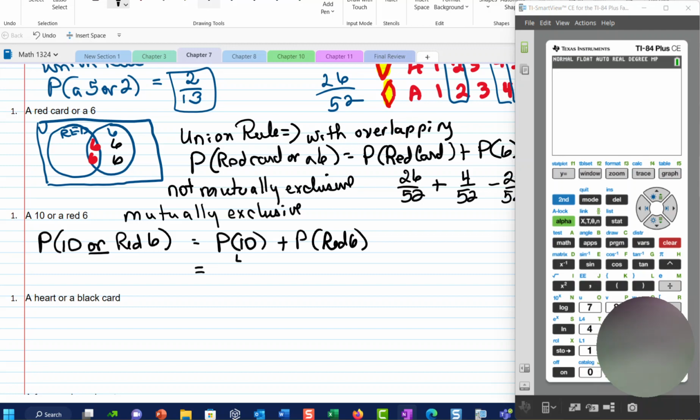A 10 is 4 out of that 52. Reds are 2, the heart and the diamond 6. So that's 2 out of the 52. 6 out of the 52. Now, we can divide by 2, and I'm going to get 3 out of, and I'm dividing by 2 only, 26. So we have 3 out of 26 times that we do it to get possibly one or the other.